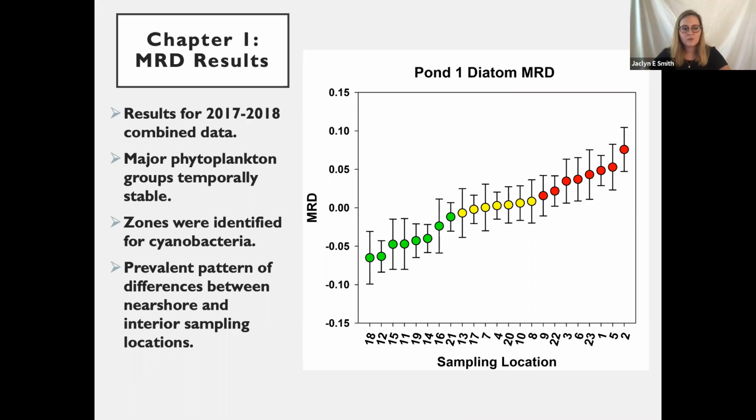And we were able to determine that these major phytoplankton groups are, for the most part, temporally stable for both years individually as well as combined years. We were also able to distinguish some zones for cyanobacteria. And there was a very prevalent pattern of differences between nearshore locations and interior sampling locations.